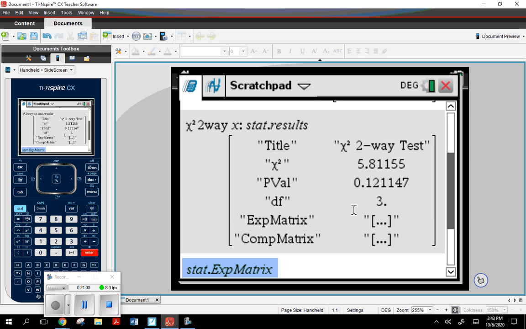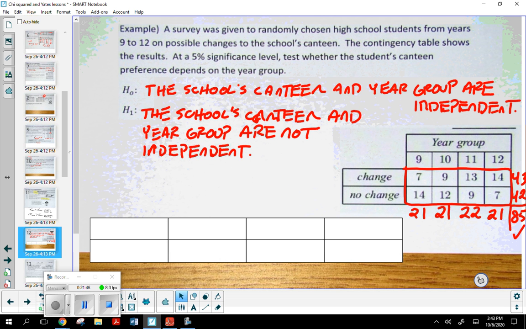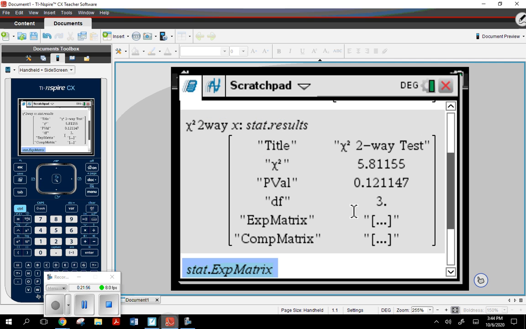My chi-squared value, let's say, is 5.81. Now, we need to know what our critical value is. That wasn't given to me. What were the degrees of freedom? If I look at the calculator, the degrees of freedom are 3.